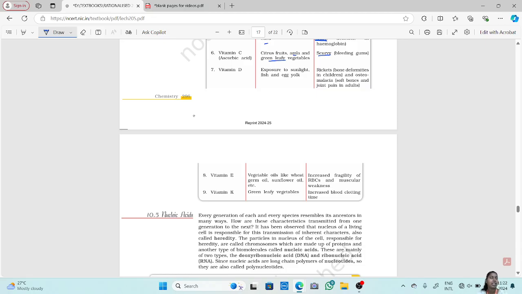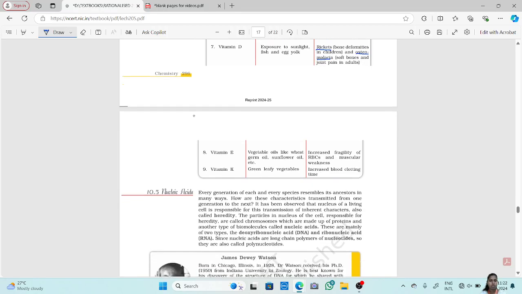As usual, from exposure to sunlight, or fish and egg yolks. The basic diseases are rickets, bone deformities in children, and osteomalacia, soft bones and joint pain in adults. In children they get rickets, and in adults they get osteomalacia.